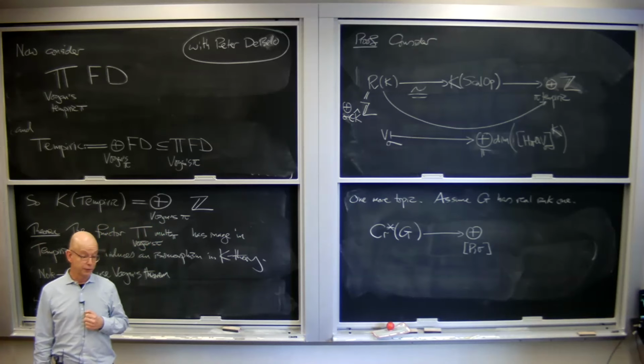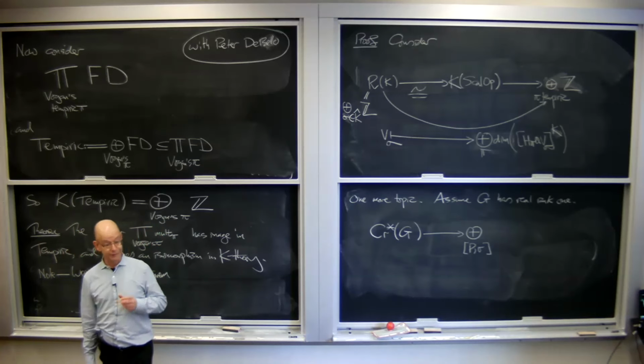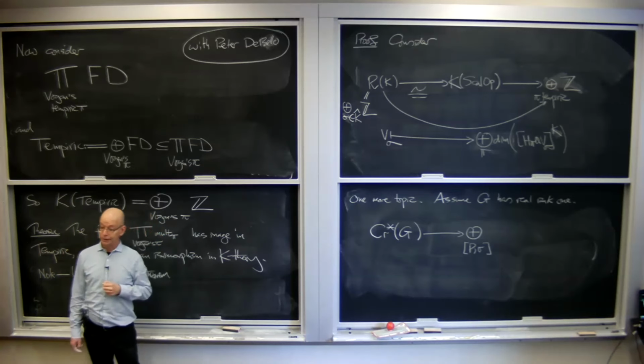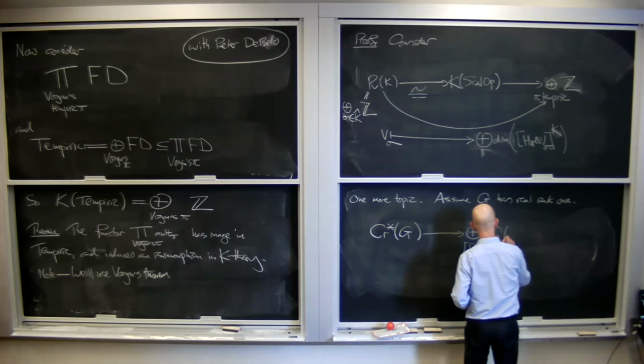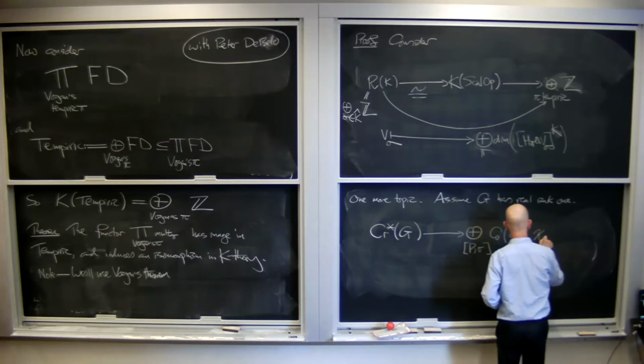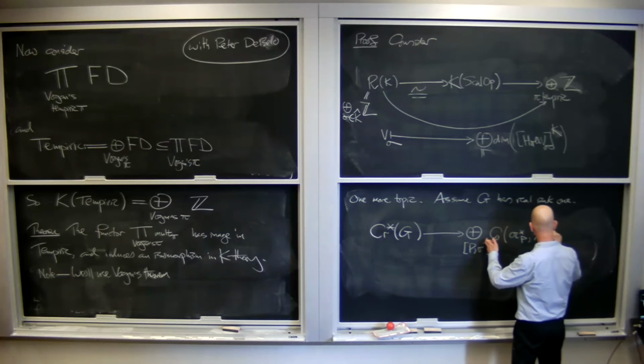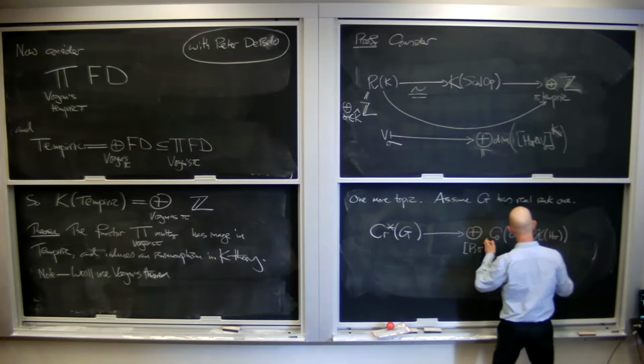For example, for SL2R, M was really little. It was just a 2-element group, diagonal matrices with values plus or minus 1. And this trick of gathering together representations into families produces a collection of star homomorphisms like the ones I'm now writing down.